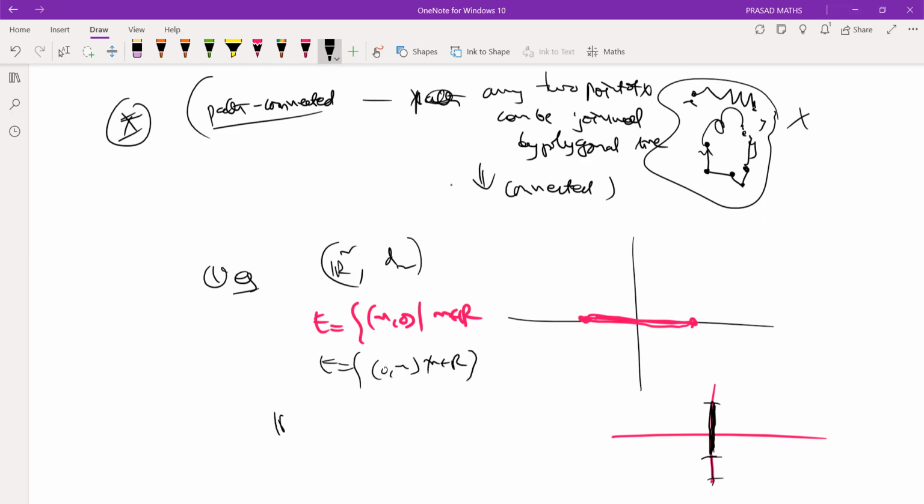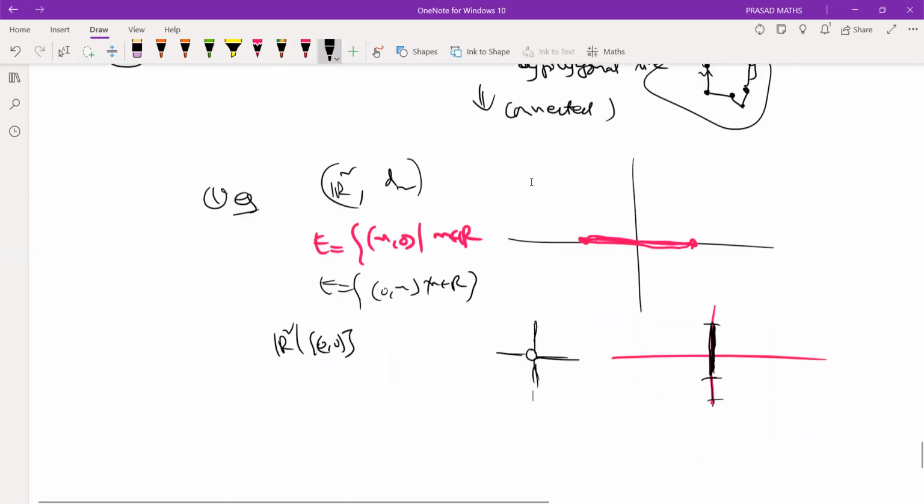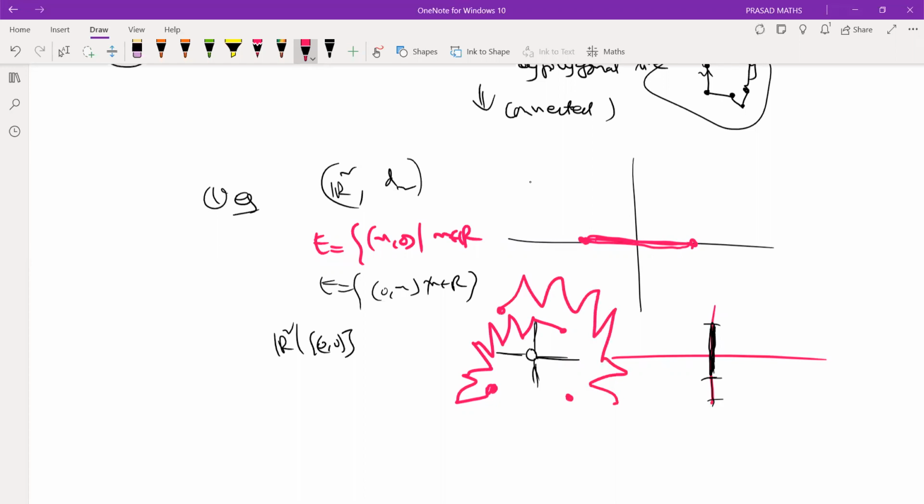Suppose you take R square minus 0. Is it connected? Yes, because this is my R square, the entire plane except 0. Any 2 points, I can join them by a polygonal line. Therefore, it is connected.